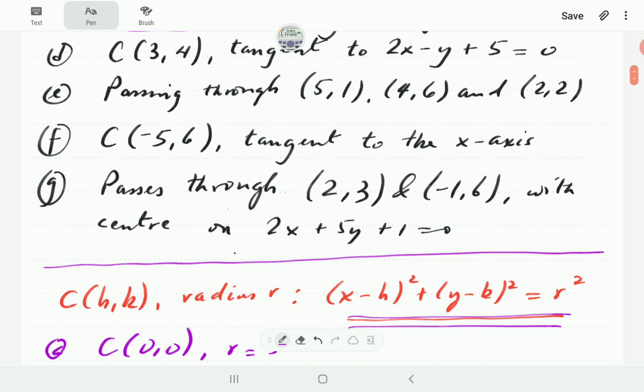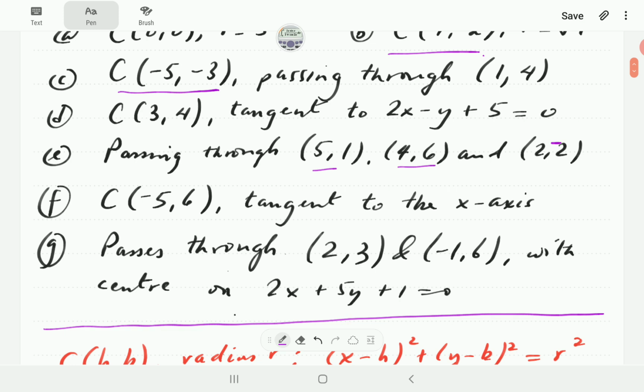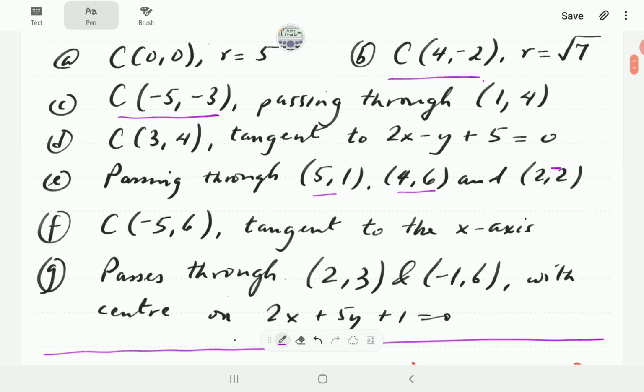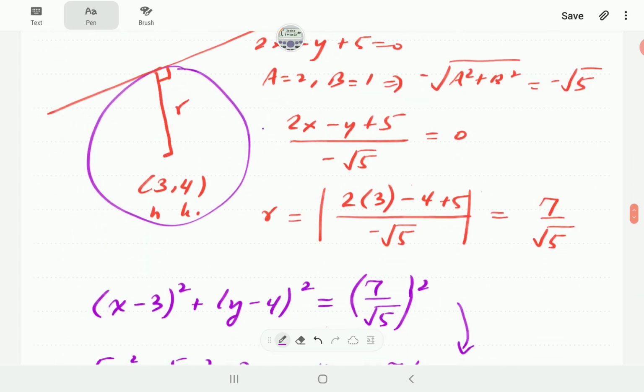In E we have got a circle going through these 3 points here. Sorry, this should be -2. So we have got a circle going through those 3 points. This is how this is going to work out.